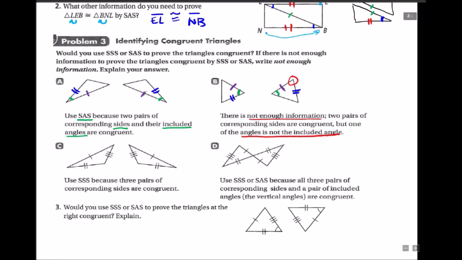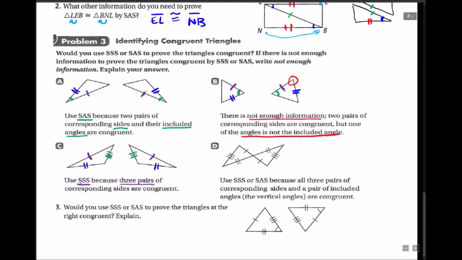What about C? What are we given? Well, I've got a side and a side, and another side and another side, and a third side and a third side. Yeah, these are easy to see. We have three congruent sides.